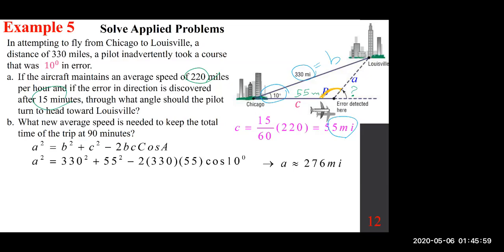So with that being the case, in order to find capital B, the opposite side is lowercase b, okay? So in essence, you really use this formula that b squared equals a squared plus c squared minus 2ac cosine B, okay? You don't even have to memorize that. Just, as I said, remember the opposite side is going to be on one side, everything else on the other. And so with that being the case, 330 squared is 276 squared, okay?